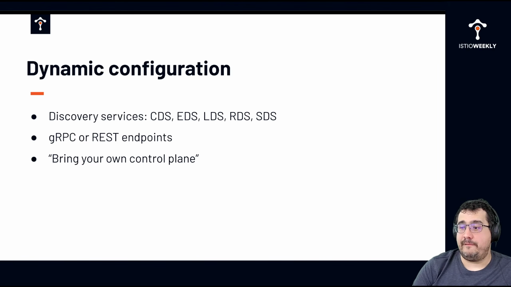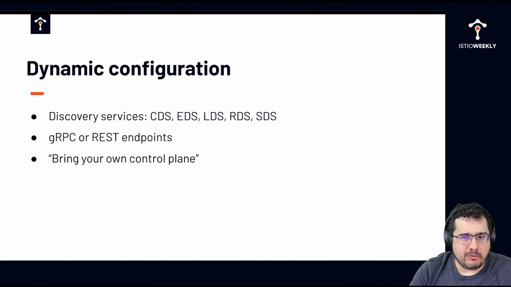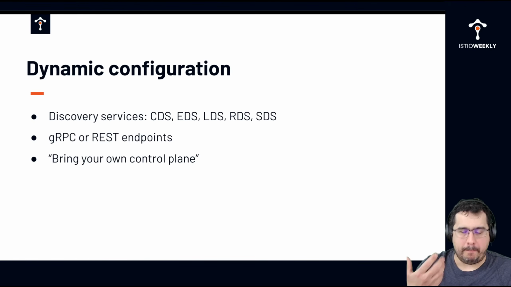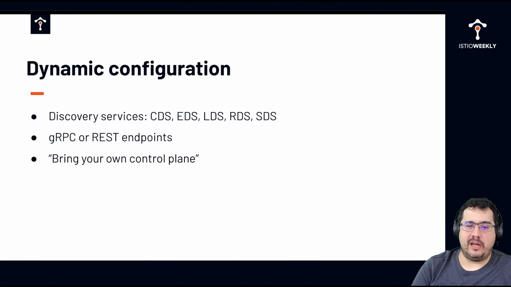So what this effectively allows you to do is create your own control plane and integrate that control plane with Envoy. And if you've done any work with Istio, this should sound familiar because this is what Istio does, right? So Istio's pilot component covers all the services that are running in Kubernetes in this case.